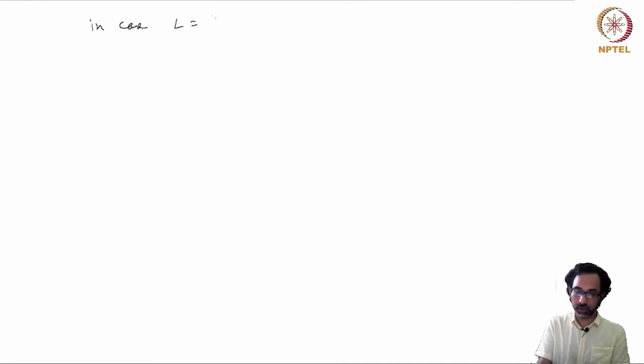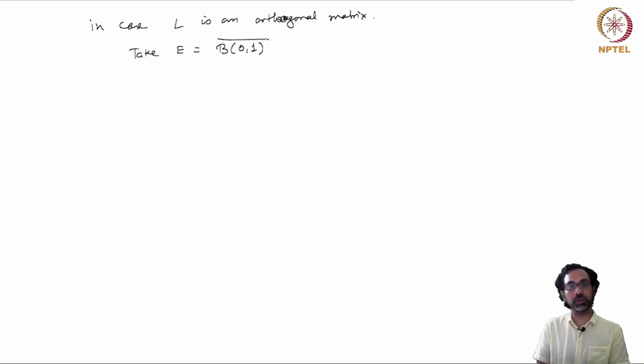Now in case L is an orthogonal matrix, then take E to be the closed unit ball centered at 0 with radius 1. So in this case an orthogonal matrix preserves the unit ball, because L is an isometry of RD and it preserves the dot products.